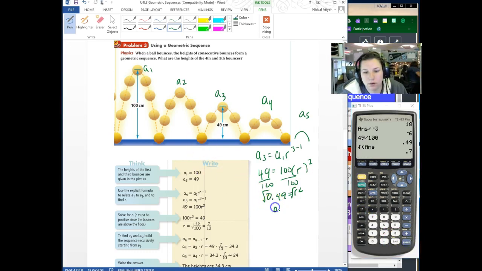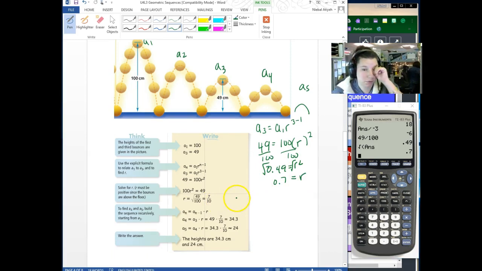Okay, so they get 0.7 equals r. They've left that as a fraction, so 0.7, same thing as 7/10.